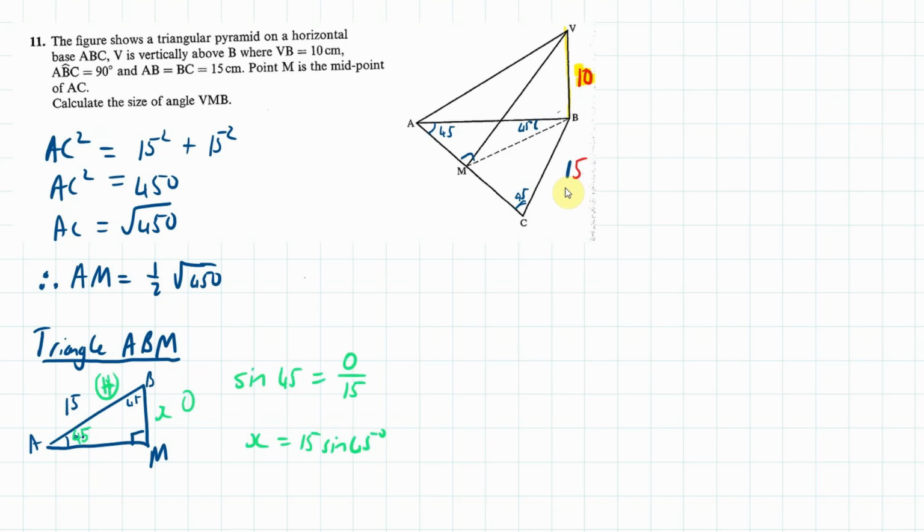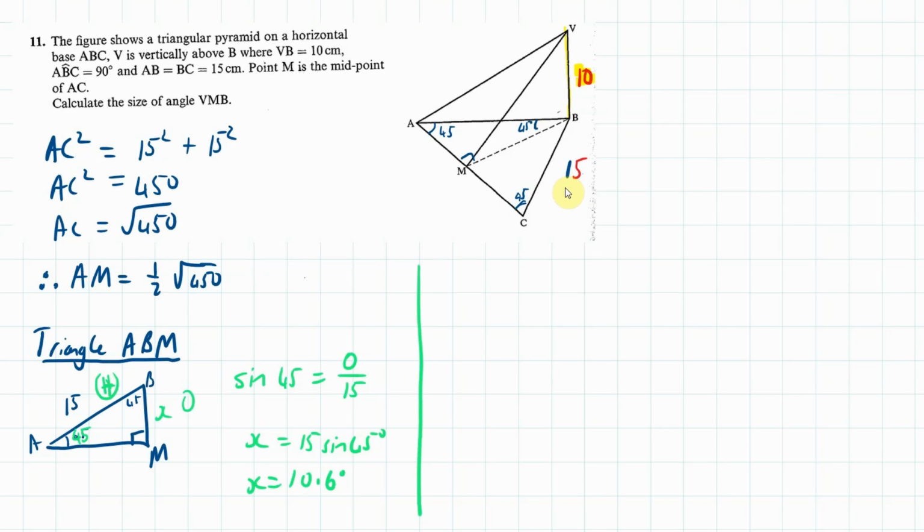Okay, what does that look like? 15 times sine 45, and that's giving me an answer of x is equal to 10.6. That's just to one decimal place. I would suggest saving your unrounded number in your calculator so we can be accurate.